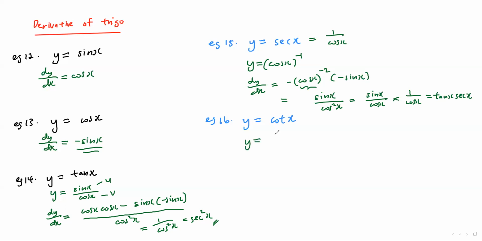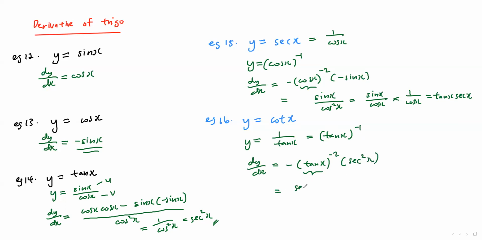Cotangent is 1 over tangent. So again, I'm going to use chain rule. 1 over tangent is tangent x to the power of negative 1. And dy dx would be negative of tangent x to the power of negative 2, multiplied by the derivative of tangent x, which is secant squared x.